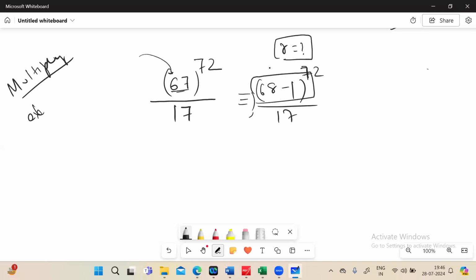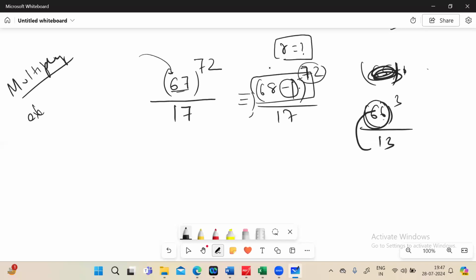So what you see here is that we have a negative remainder of minus 1 and it has 72 power. From previous examples, I know that if 66 to the power 3 is there, and it gets divided by 13, I know 65 gets divided by 13, then I have a remainder 1 here.